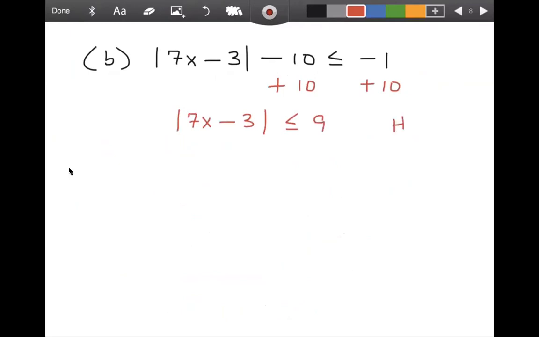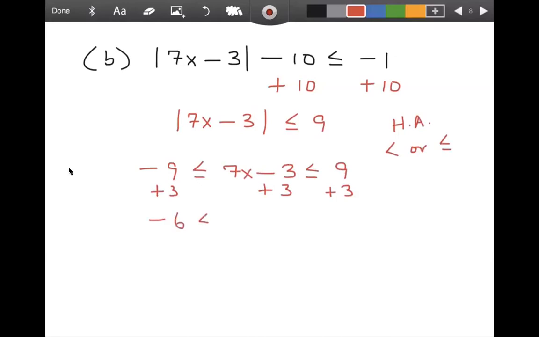This one is a house arrest because the symbol is less than or equal, which means we're going to rewrite it as -9 is less than or equal 7x minus 3 is less than or equal to 9. We'll add 3 to all 3 parts, which gives us -6 is less than or equal 7x is less than or equal 12.